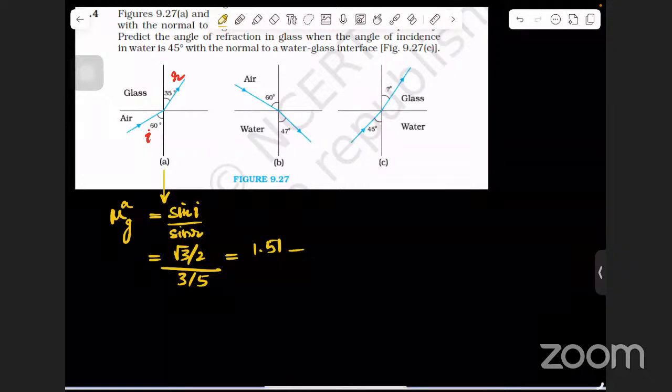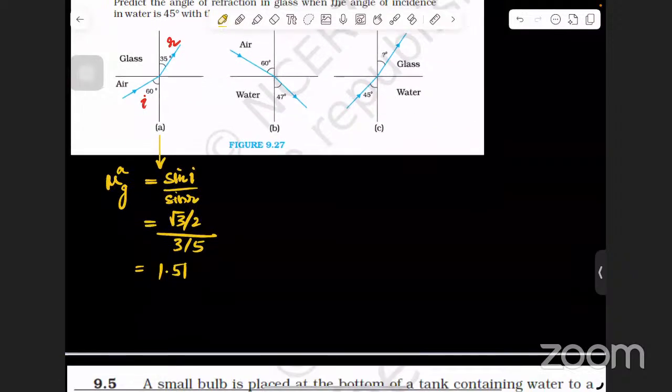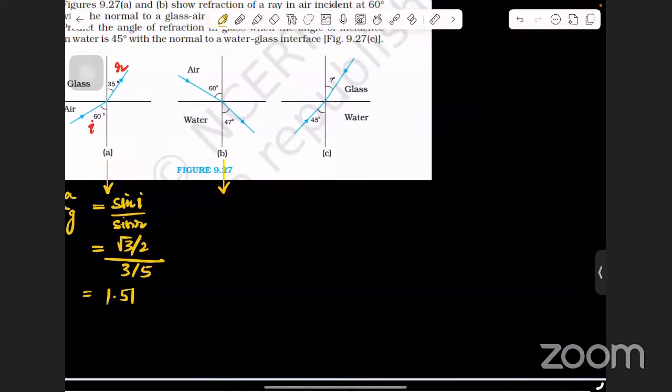So this is the first equation. Or in the first case, this is the first case. Let's write 1.51.